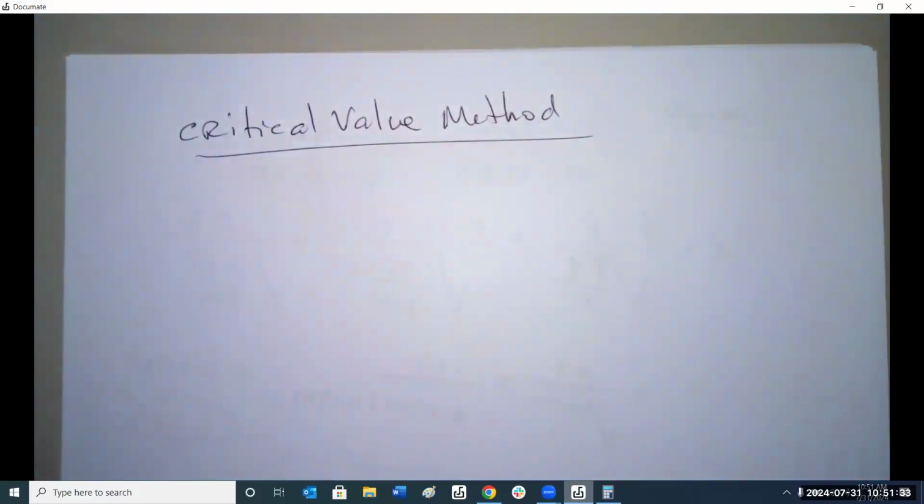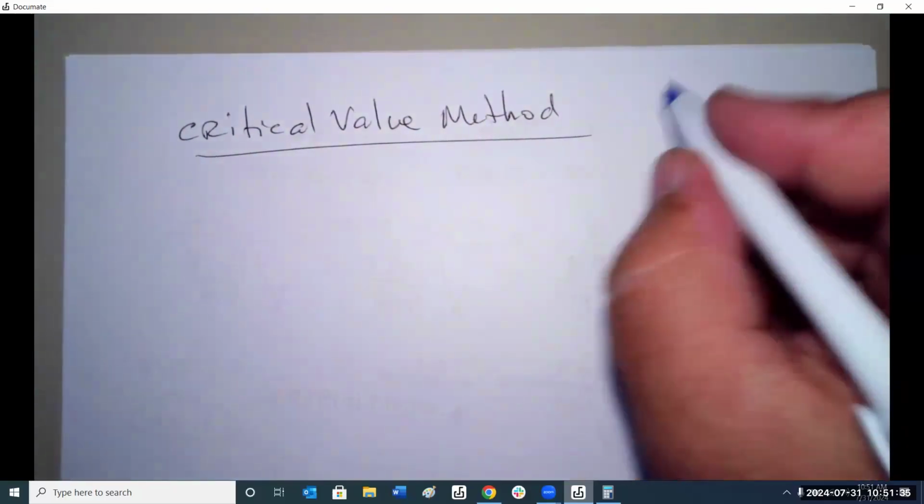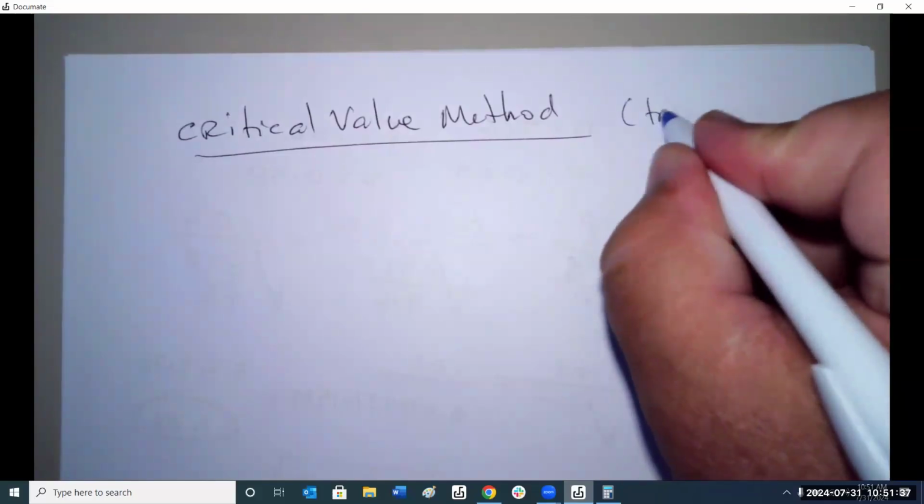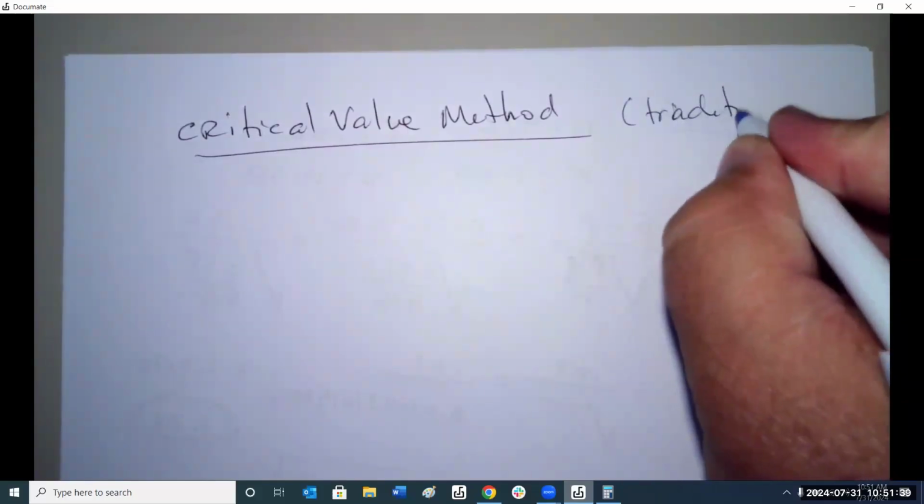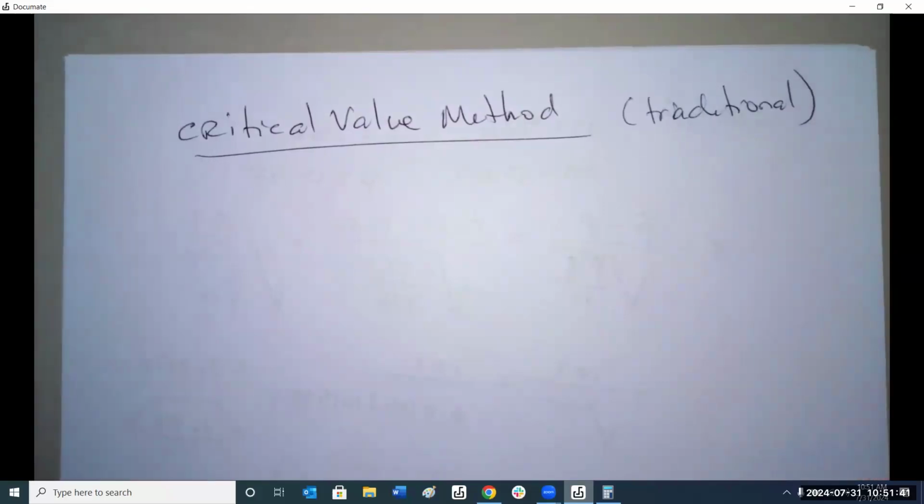Critical value method. Traditional. This is what is mostly used for hypothesis testing. All right. And this is what we normally use.